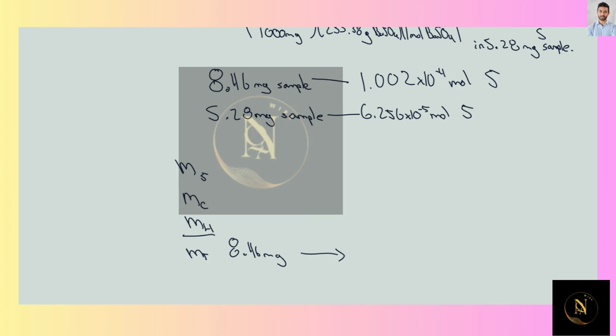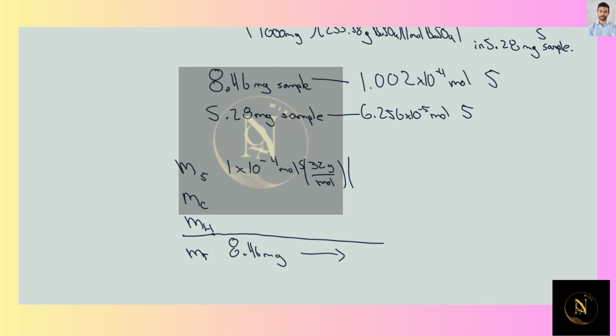So we're going to begin with the amount of mole, in this case, let's round it as 1 times 10 to the minus 4 mole of sulfur. And we know that sulfur is going to have a molar mass of 32 grams per mole. Additionally, we want the result in milligrams to be able to compare things directly and in a more simple way.